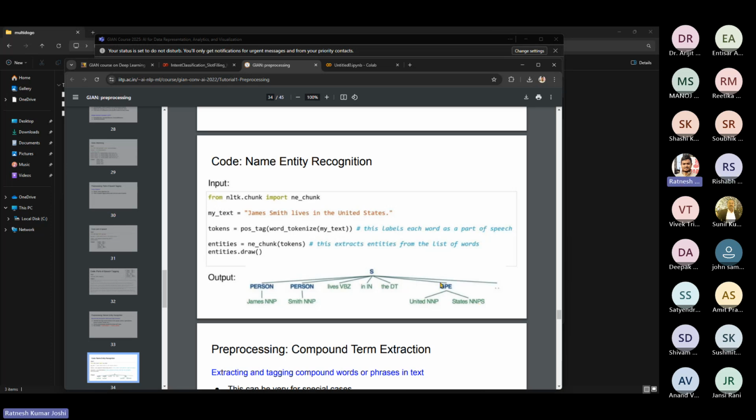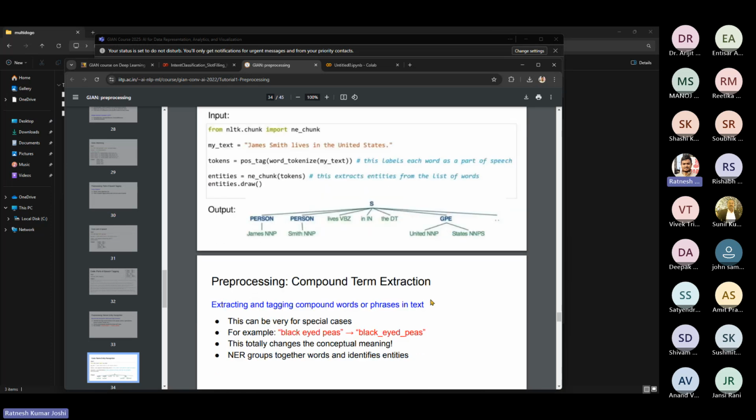So from here we can get that United States itself corresponds to a singular entity, right? So what we are trying to do is concatenate information that might be split into multiple words into a singular entity so that we can store it properly, right? Because if we do not do this, United and States, although they might still be extracted, will be stored separately and they would be useless, right? Because United and States by themselves don't really carry much information, but United States combined actually corresponds to a real-world entity, right?